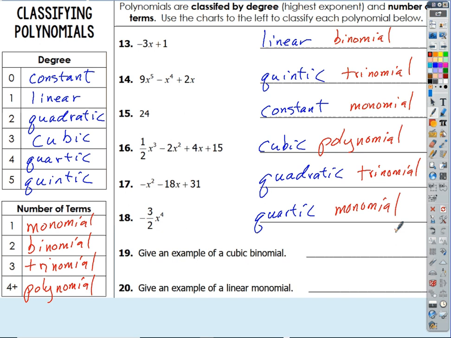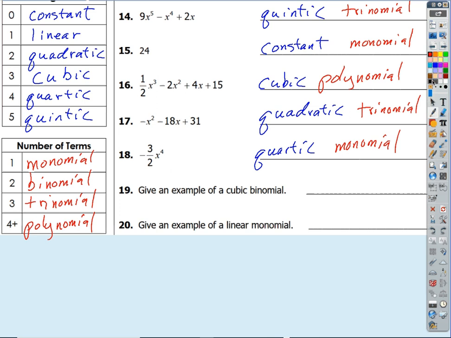So give me an example. Somebody raise your hand. Let's get some contributors. Give me an example of a cubic binomial. Yes ma'am, 6x cubed plus 3x. There you go.